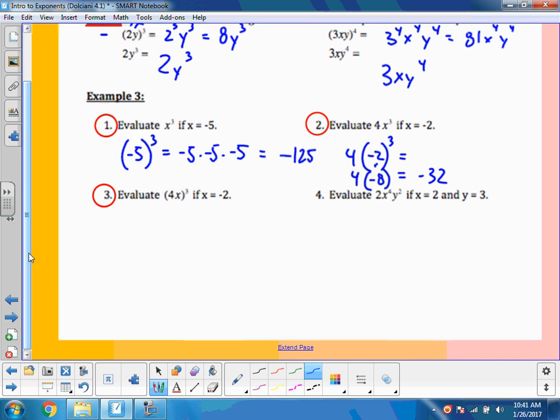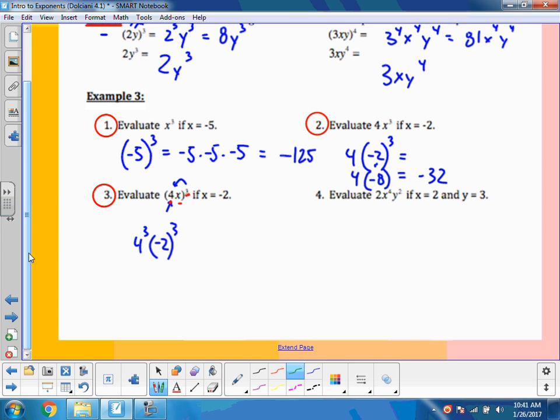Now this guy right here, I got to pay attention to some stuff. So this is saying I've got a 4 to the third power, because this is going to be distributed over, and then I have my x. This is times x, which is -2, and that's also to the third power. Notice I distributed my 3 to both terms. Now I'm going to do some more simplifying here.